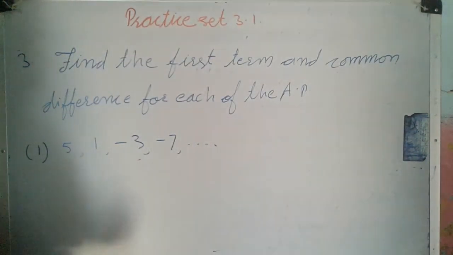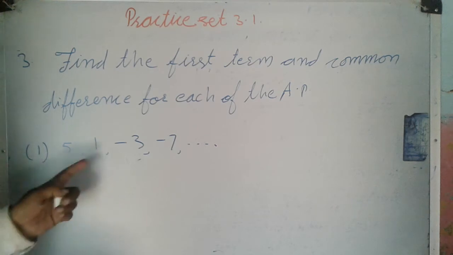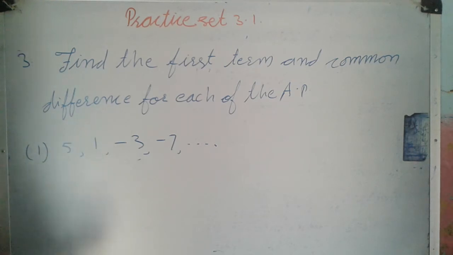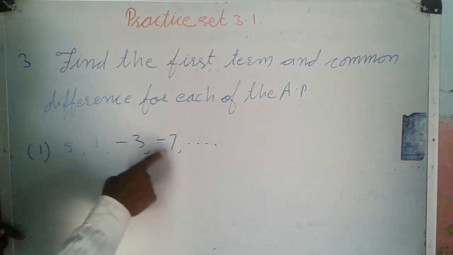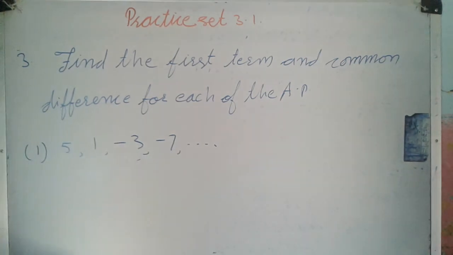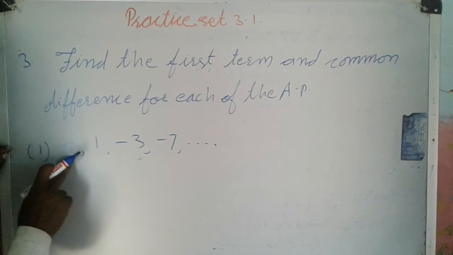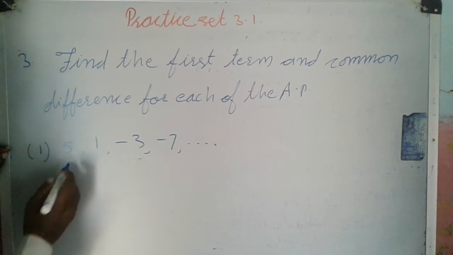Question number 3. Find the first term and common difference for each of the AP. Example 1. Arithmetic progression is here 5, 1, minus 3, minus 7. So we have to find the first term. That means here 5 is the first term.